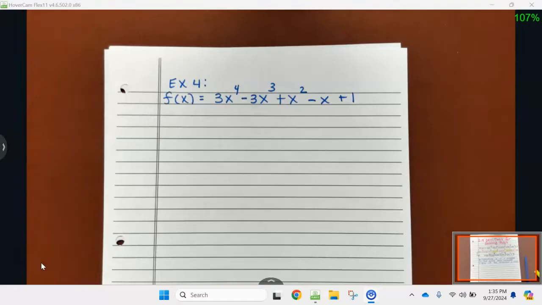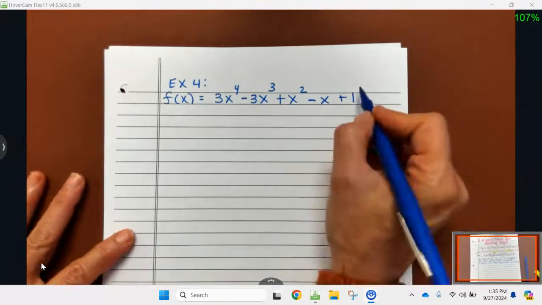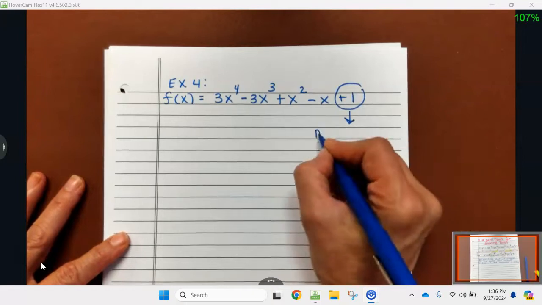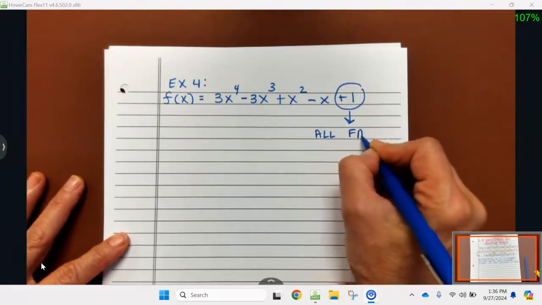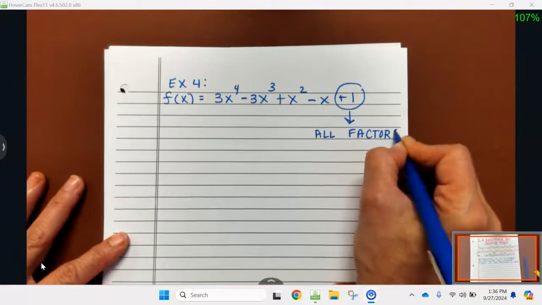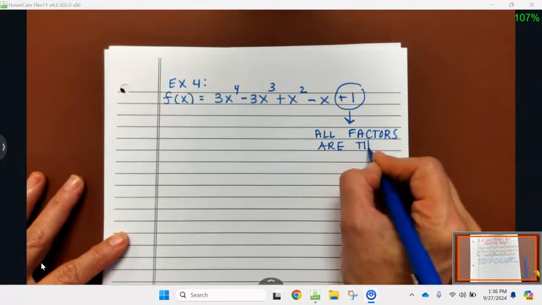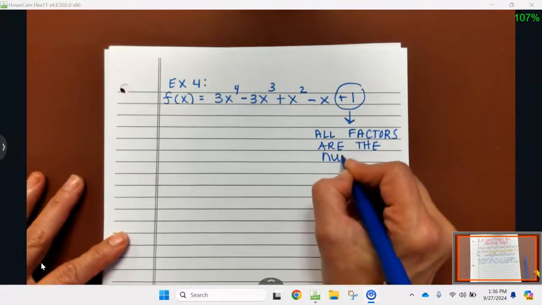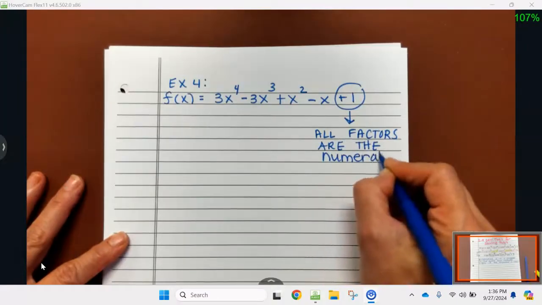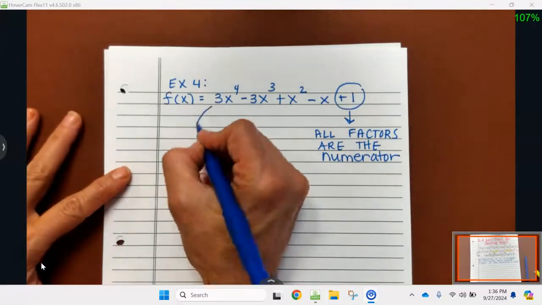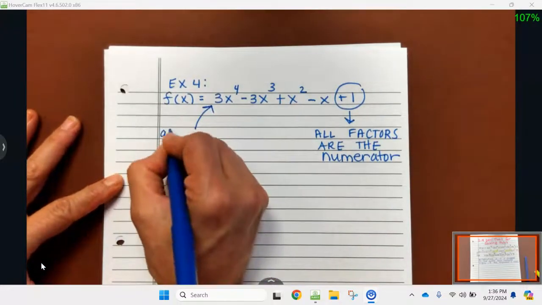Now, let's examine these numbers. Remember, for this number, all the factors are on top, the numerator. All these factors are the denominator.